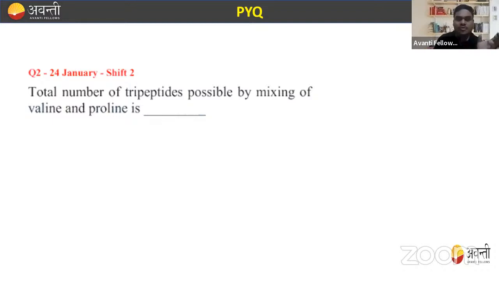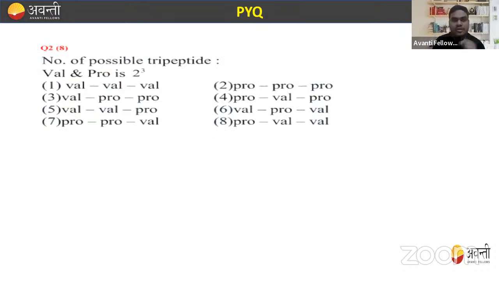When you mix valine and proline, how many, or we say the total number of tripeptides possible? We know that one possibility is valine, valine, and valine. So this is one possibility. We can calculate by using one simple formula as well. The number of possible tripeptides of valine and proline is equal to 2 raised to the power 3.